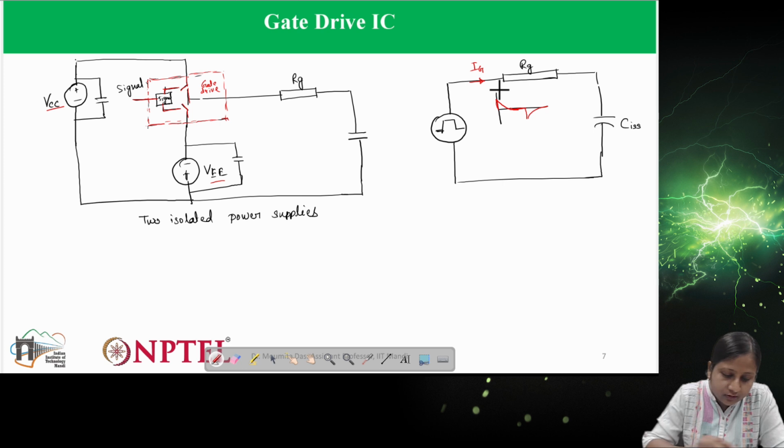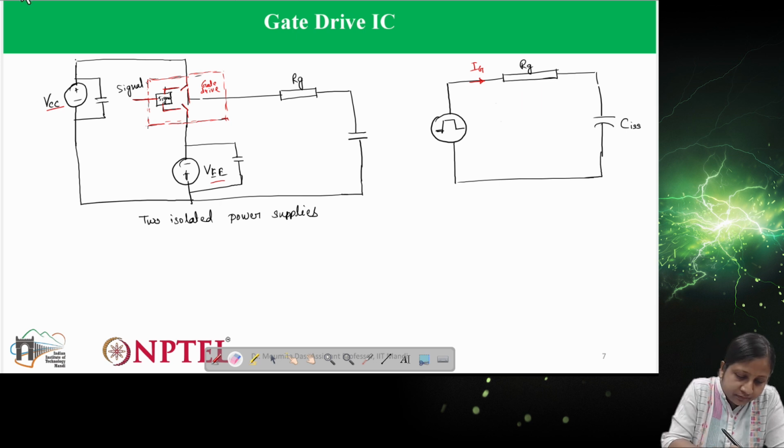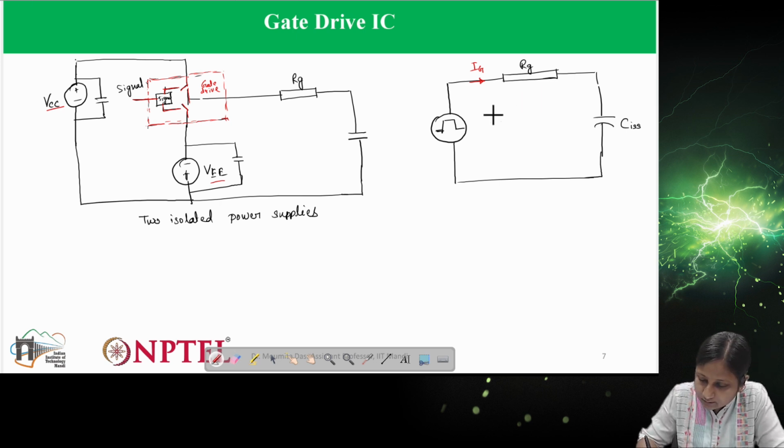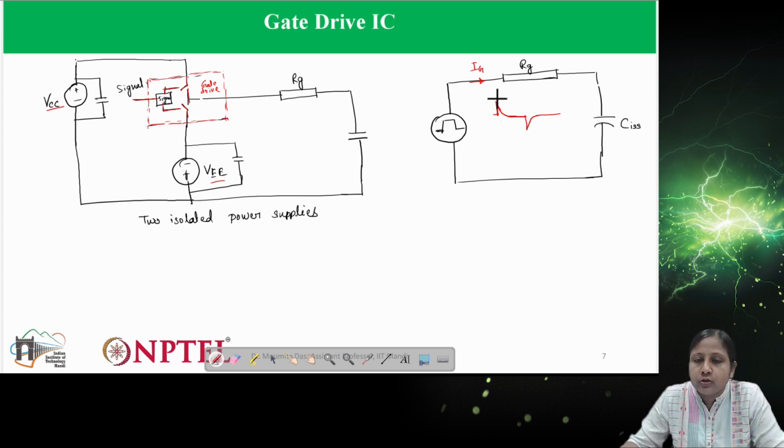Let me draw it without the scale. So it should look like this: the capacitor, when it is charging, has high current, and when it is discharging there will be high current. This is during, let's say, the on condition, and this is during the off condition.